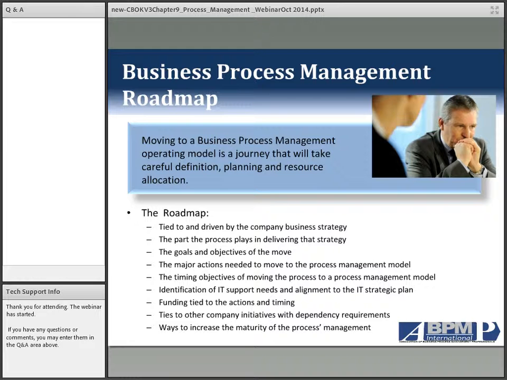And it needs to then look at how the organization, how the overall company is changing, the direction that it's headed in, the markets that it's going to be in, the products, and how those changes are going to affect the process that you're managing. Because you really need to look at it on a process by process basis.